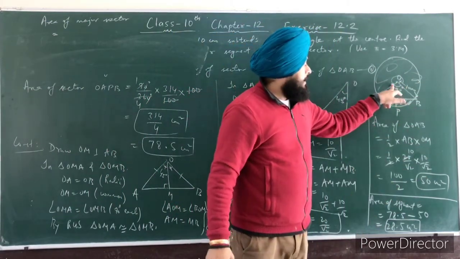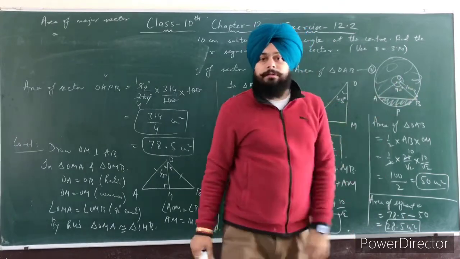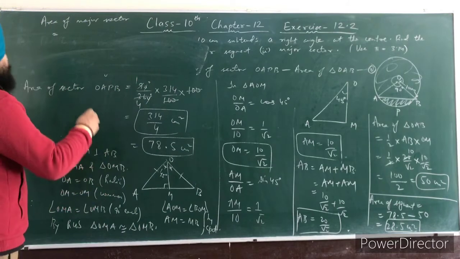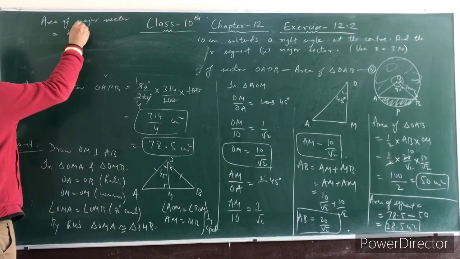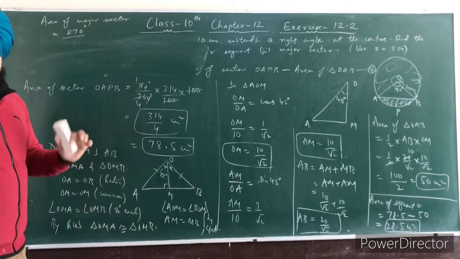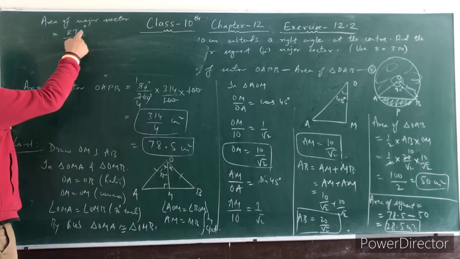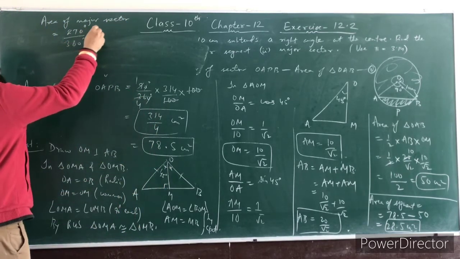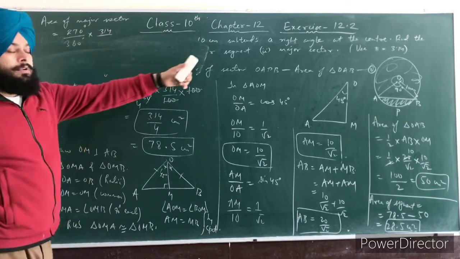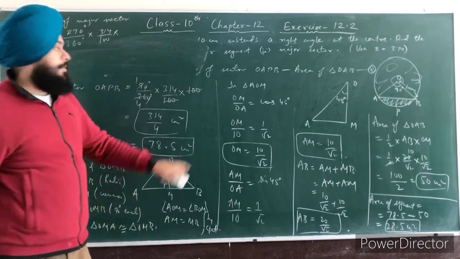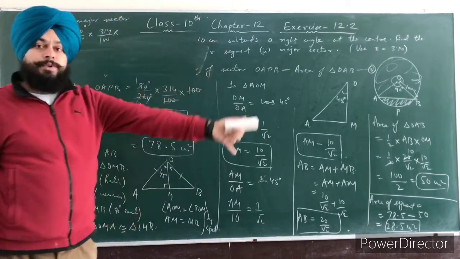If this one is 90 degrees, then the remaining angle is 360 minus 90, that is 270 degrees. So theta for the major sector is 270 degrees. Its formula is theta over 360 into pi r square. So 270 over 360 into pi. The value of pi is 3.14, or 314 over 100. The radius is 10, so r square is 100.